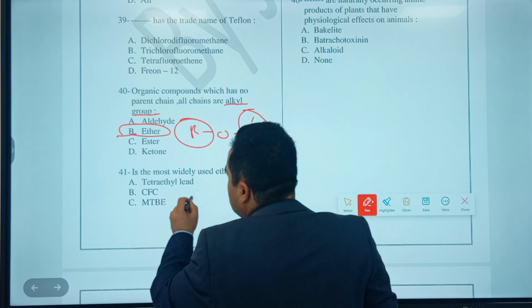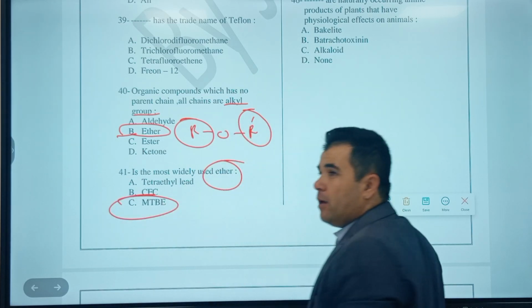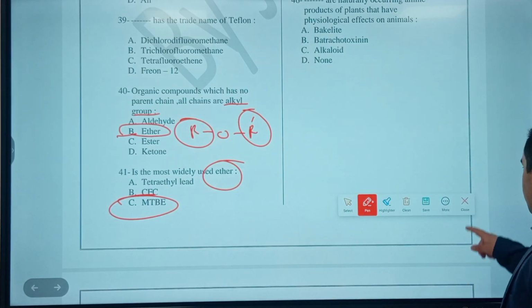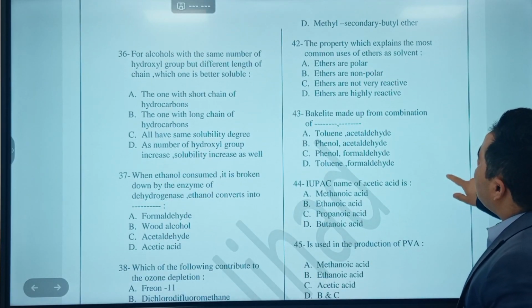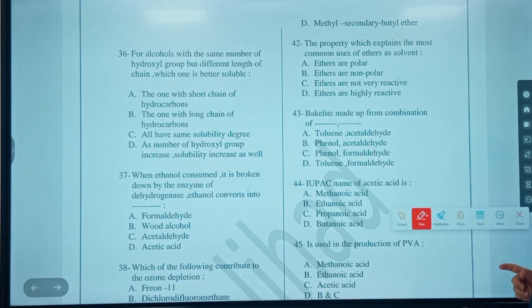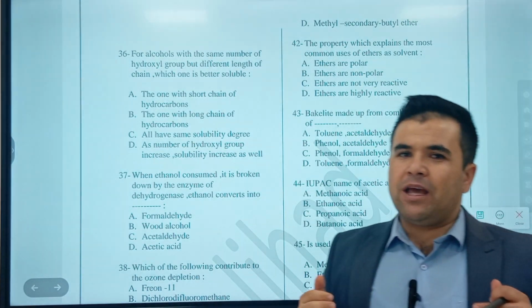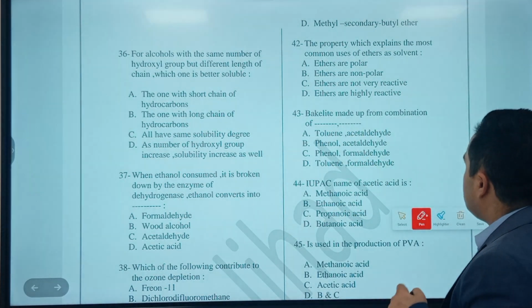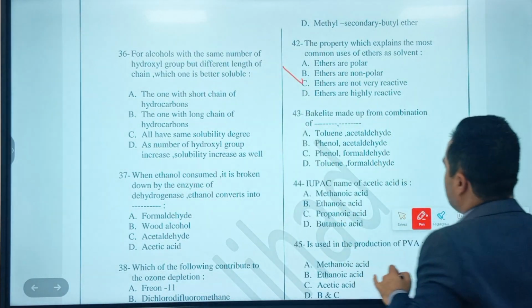The most widely used ether is MTBE. The property which explains the most common use of ether as a solvent: guys, the ethers can be used as solvents because they have low reactivity. So ethers are not very reactive. C is the correct answer.